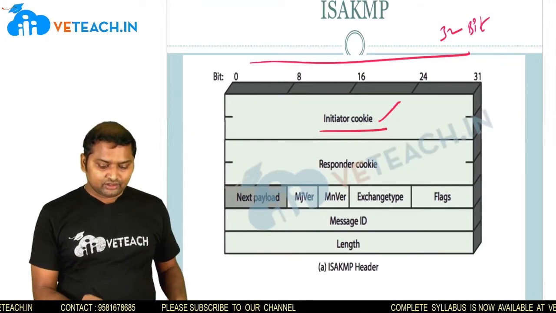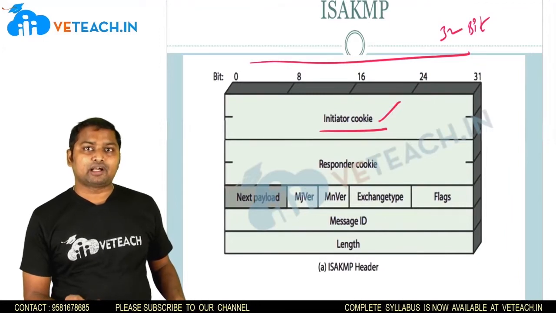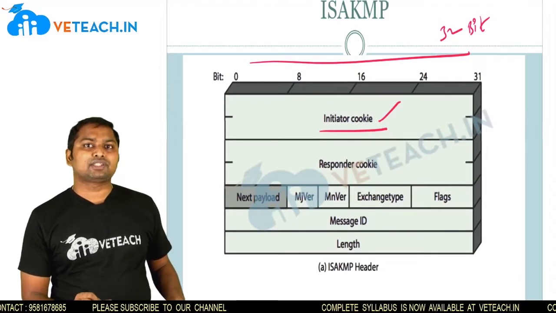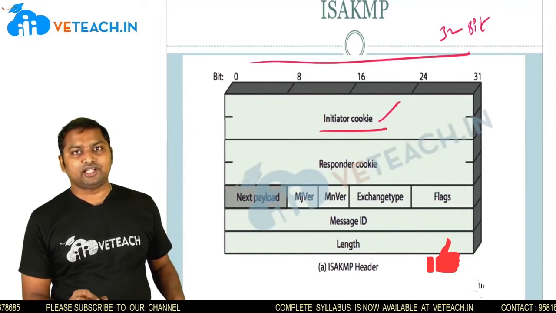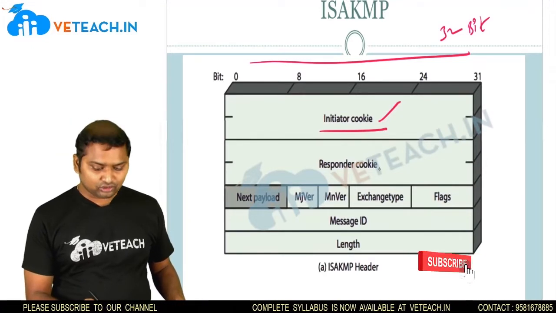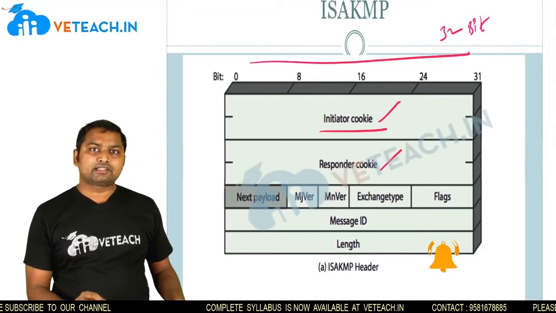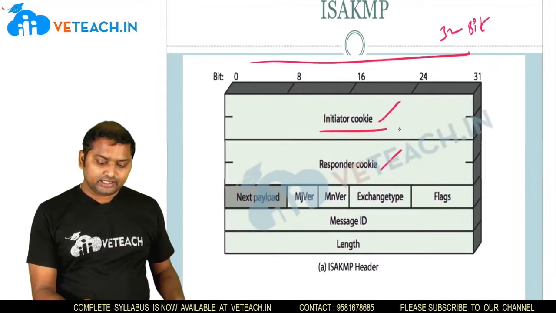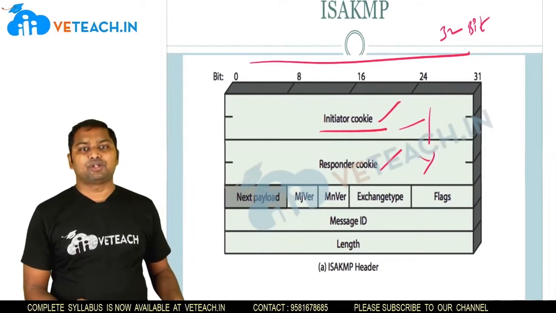After that, you are checking whether the cookies are responding or not. You have to check, because if the cookies are not responding, there may be a chance of an attacker attacking. So, the second procedure is the responder cookie. Always when he is sending or initiating, he should get the acknowledgement.